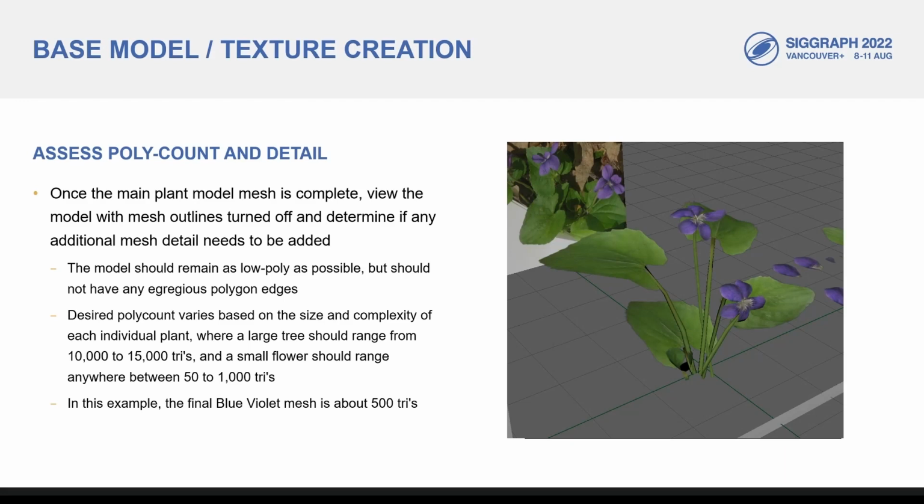In the work that we've done, our desired poly count varies totally based on the size and complexity of each individual plant. A large tree could be anywhere between 10,000 and 15,000 tris, and a small flower could be as low as 50 but up to 1,000. Our blue-violet model that we created is about 500 tris.